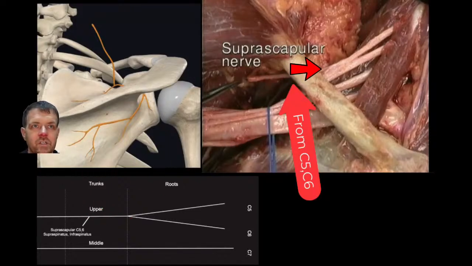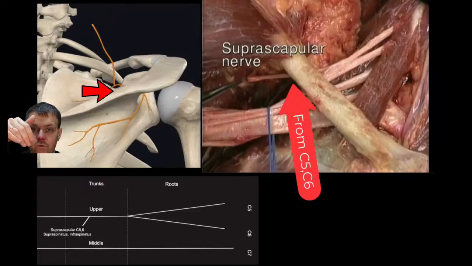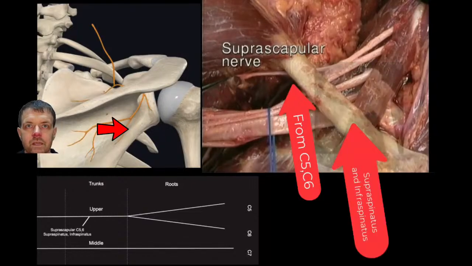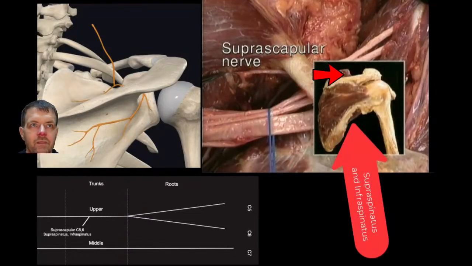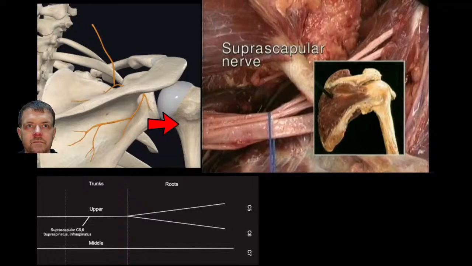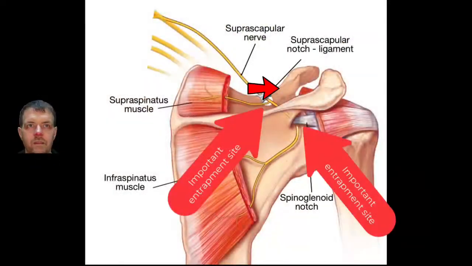And then you can just about make out that nerve there as it's being pulled and where it attaches. And then it will come backwards, so this way, and then down onto the top of the scapula. So there it is there, and that's its pathway. Supplies supraspinatus and infraspinatus, and then through that notch.